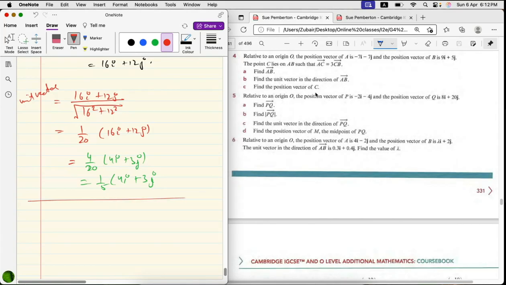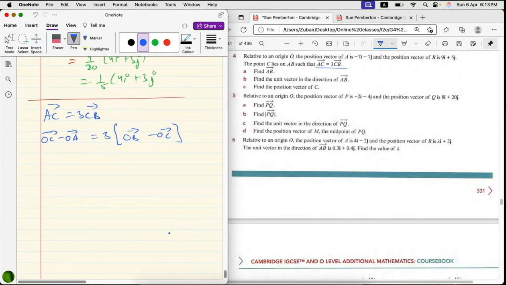Then it says find the position vector of C. Using the given information, AC is equal to 3 times CB. So I'm going to split that up. OC minus OA. On the other side, 3 stays there, OB minus OC. Now we rearrange and make OC the subject.